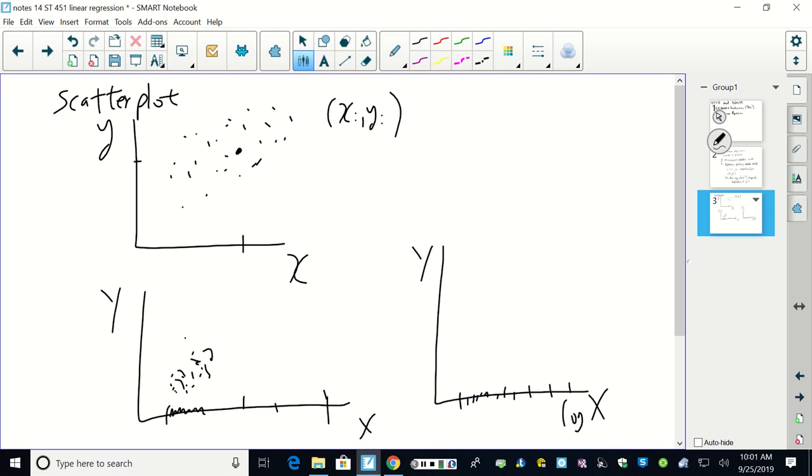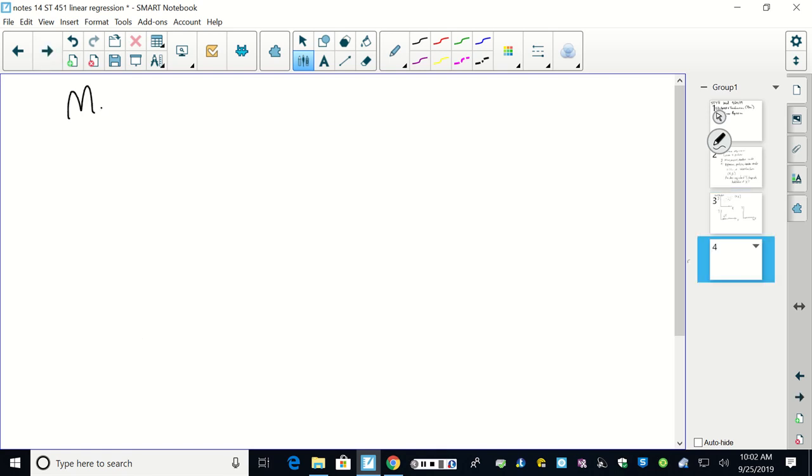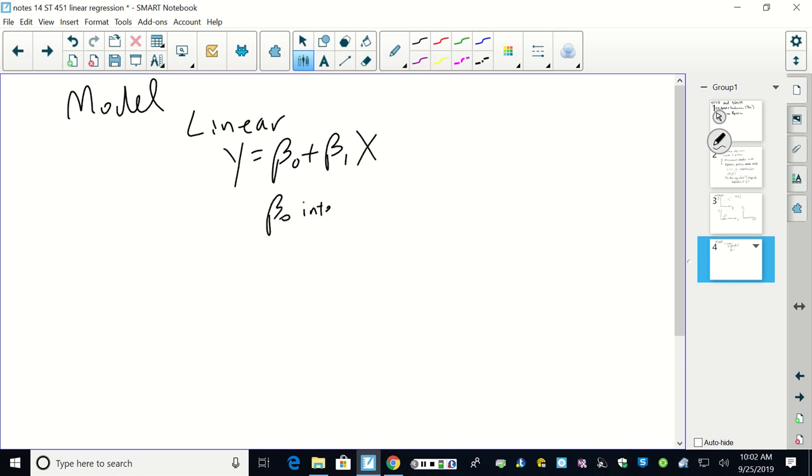All right, our model is going to be a linear model, so a straight line relationship between these. Right? So the model we've thought about is linear. Y equals beta 0 plus beta 1x, where beta 0 is the intercept, and beta 1 is the slope.